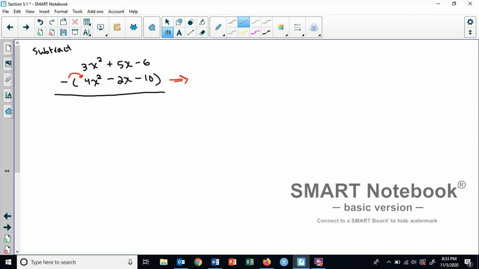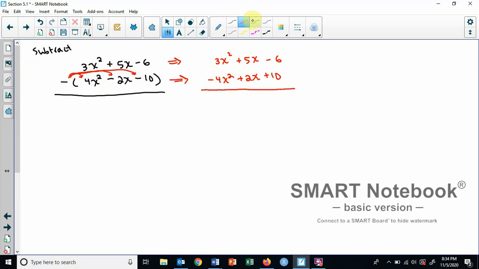This will become a minus 4x squared, and this will become minus and a minus make a plus 2x, and a minus with the minus and a negative make a plus 10. And so now I can just bring over the top one. It's the same thing we did, just vertically stacked. And thank goodness all of our like terms are lined up. So I did not make any changes to the first one. Remember, we only changed the second one here with distributing the subtraction.